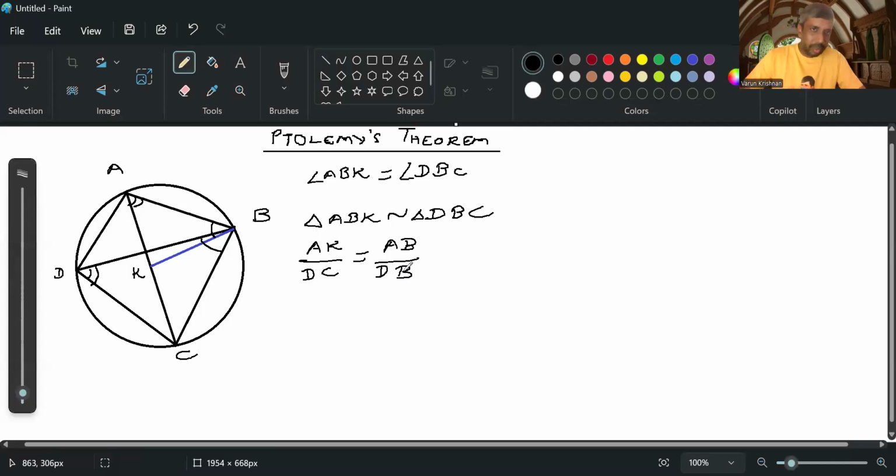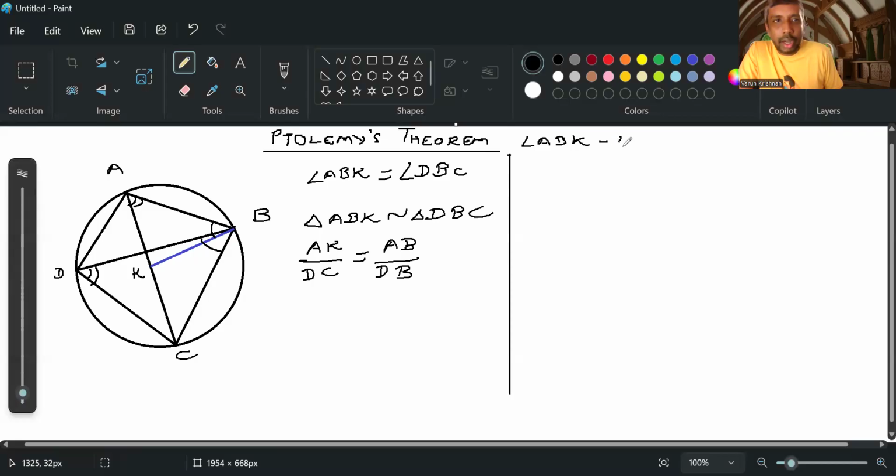Now, just like how angle ABK and angle DBC are equal, as I made in the construction, if I subtract angle DBK on both sides, the results should also be equal. So angle ABK minus angle DBK is equal to angle DBC minus angle DBK.